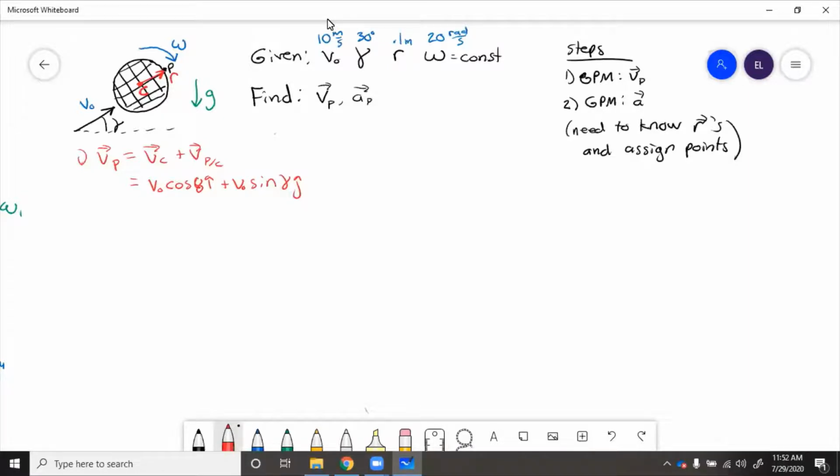And then velocity of P with respect to C is going to be omega cross RP with respect to C. Well, we need to know what is RP with respect to C. So we need to know the angle of the ball, and we'll assume that the ball starts out with P straight horizontal.